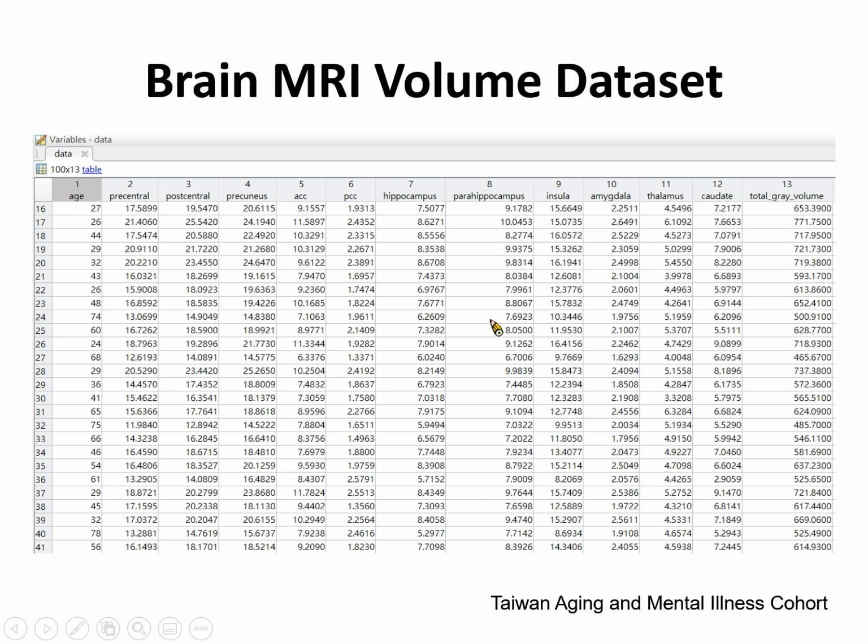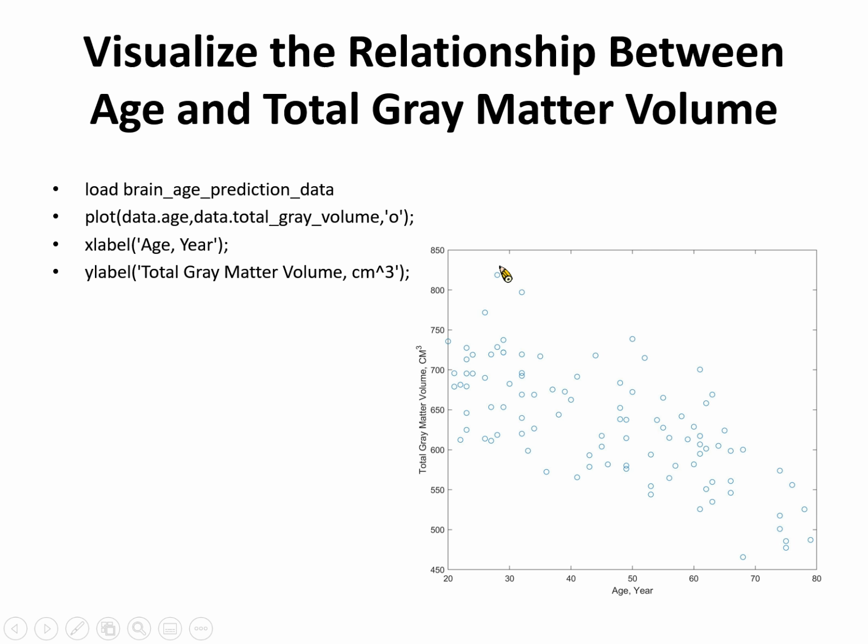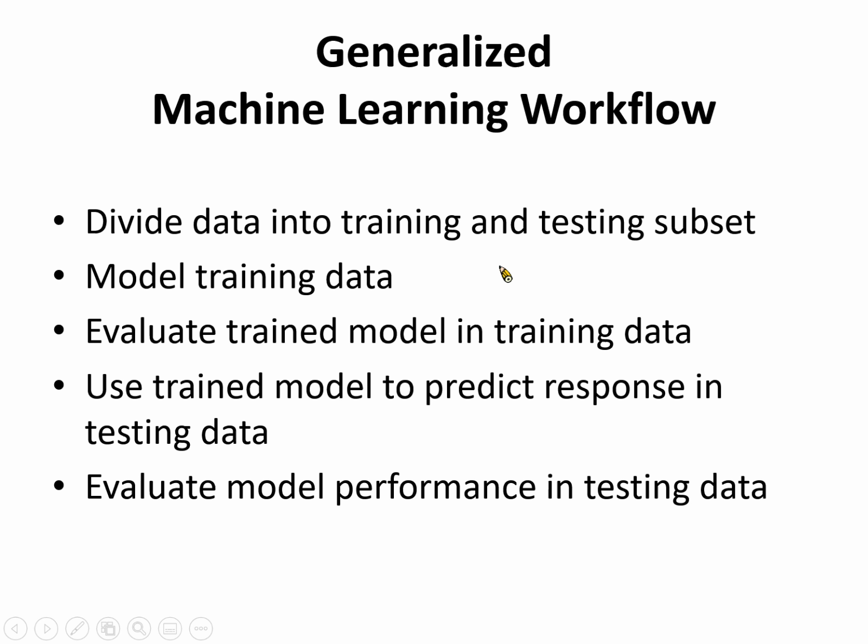These 12 volume parameters are from several important brain regions, and we also have one parameter that measures the total gray matter volume. Let me again give you a very brief overview of the machine learning framework.